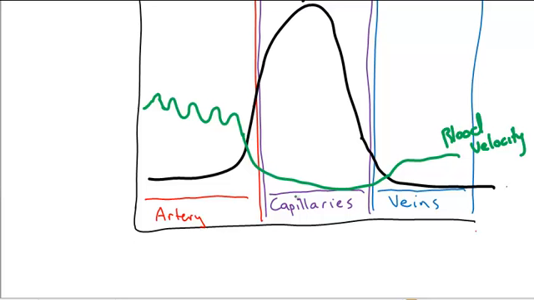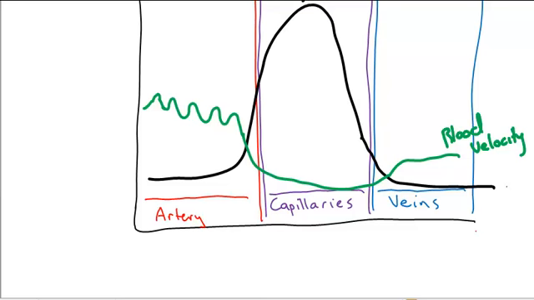When the blood hits the capillaries, it has this greater cross-sectional area, even though they're little channels, there's way more of them, so it has lots of routes to take, and it will actually slow down. Then as it goes back into the veins and the cross-sectional area decreases again, it starts to pick up speed again. All of this is going to be very relevant to how materials can exchange across the blood vessels.